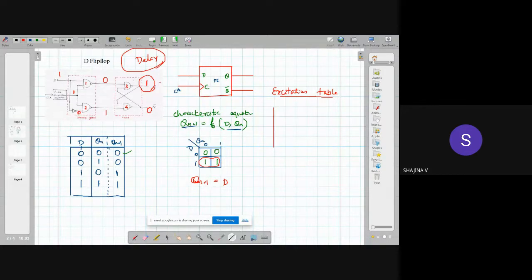So for excitation table, I can draw present state, next state, and input. വരച്ചോ ടേബിൾ വരച്ചോ പ്രസന്റ് സ്റ്റേറ്റ് നെക്സ്റ്റ് സ്റ്റേറ്റ് റിക്വേർഡ് ഇൻപുട്ട്.